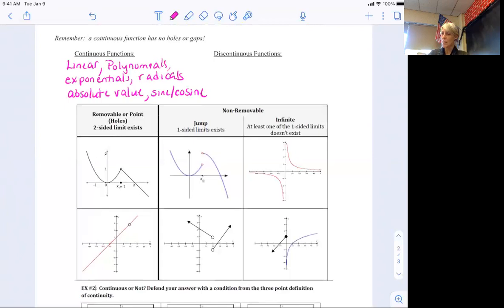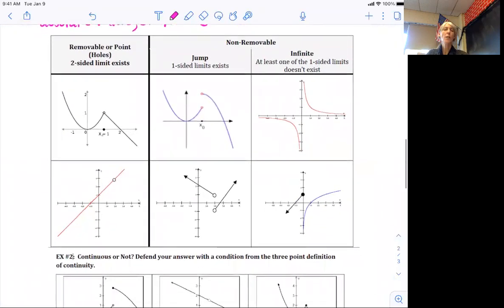Types of functions that are going to be discontinuous: rationals and piecewise are going to be the main functions we're dealing with in this class. So before we move on, let's talk a little bit more about discontinuities and how we describe them in a calculus class. One type of discontinuity is called removable or point.